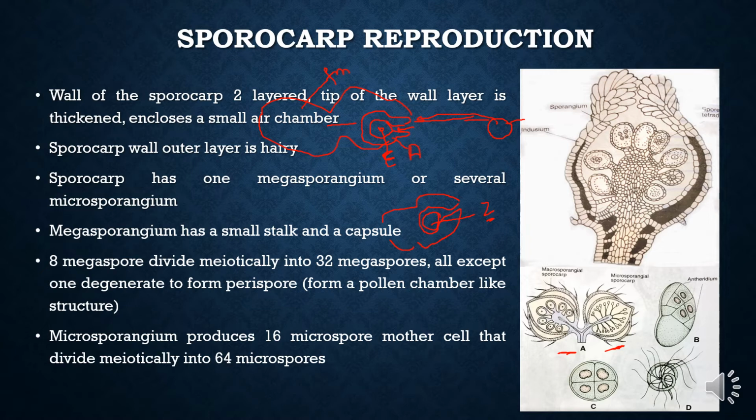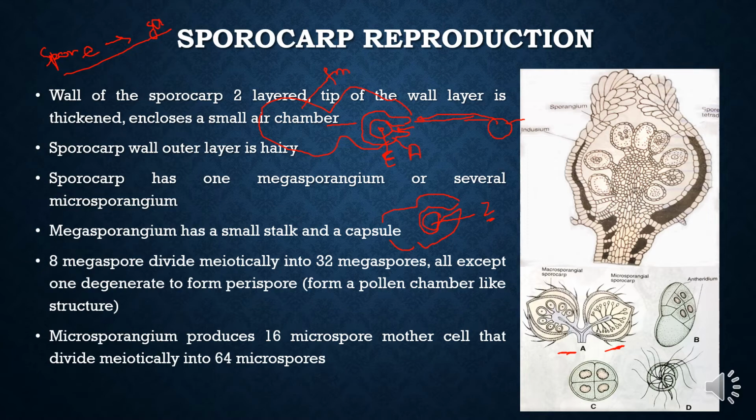So far I was talking about the stages from the spore structure to the gamete, that is the female, the haploid generation.